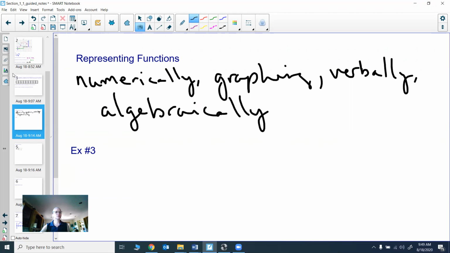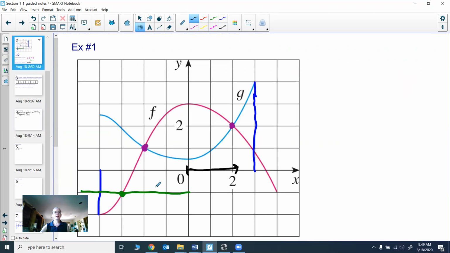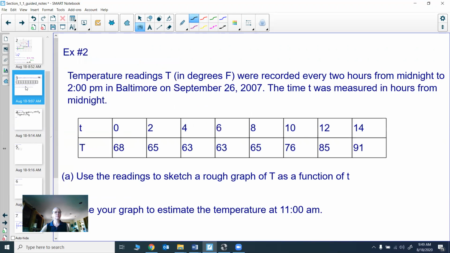So to go back and just show you, this first graph here is a graphical representation of my functions. So this is a way to graphically represent them. This, we had a verbal representation of, where we talked about what we did. We can also have a different verbal one, I'll do a different one later, but we also had numerically, this was the data.